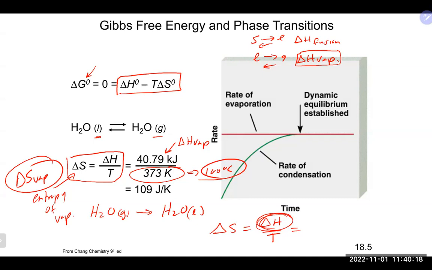Heat and energy is being given off, which means that would be negative 4079 divided by 373, which will give us a negative 109 joules. And that would make sense as we go from gas back to liquid, as we're going from more disorder to more order. And we would expect our delta S there to be a negative number.